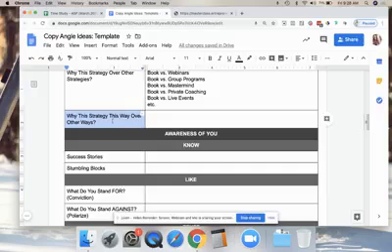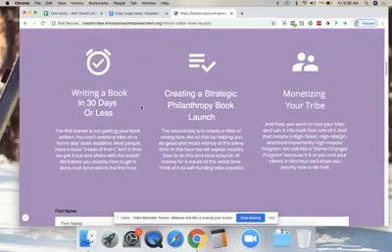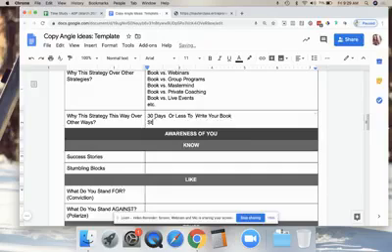Now, why this strategy this way over other books? So the way that he does the book, how is it different than other people do books? So one of the things that he does is he has you write your book in 30 days or less, and he has you create a strategic philanthropic book launch. So I would say 30 days or less to write your book, and then the strategic philanthropic book launch.